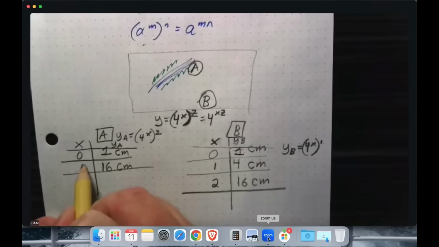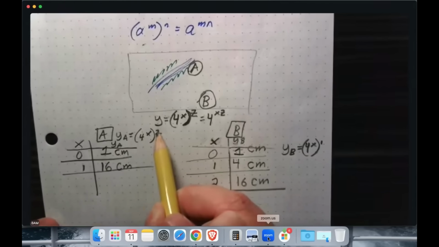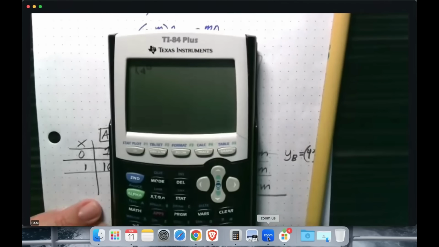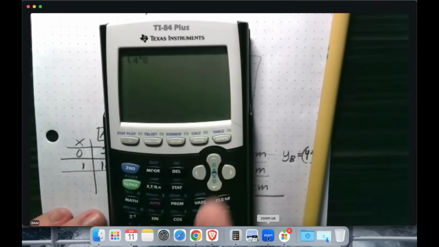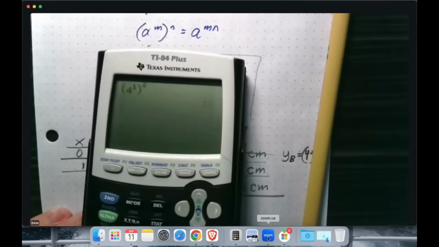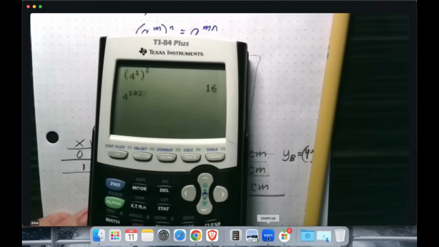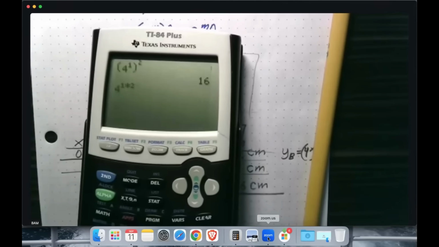When x equals 1, and this is a 2 here, 4 to the power of 1 squared is 16. It's the same as 4 to the 1 times 2. When you write the base once, you multiply the exponents, okay?